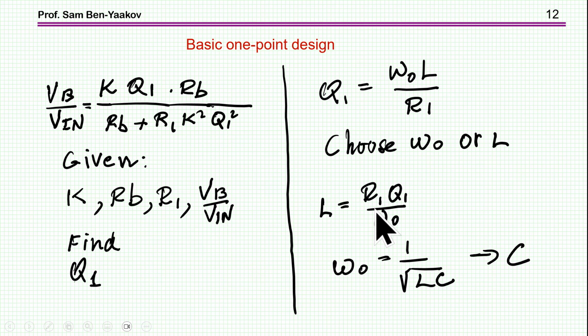So after we got all these expressions, let's see how we can use them in a very simple design, a basic one-point design. By one point, I mean that we're going to work at resonance, not off-resonance, although I'll talk a little bit about off-resonance later on, but not here. This presentation concentrates on operating the switching frequency at resonance.